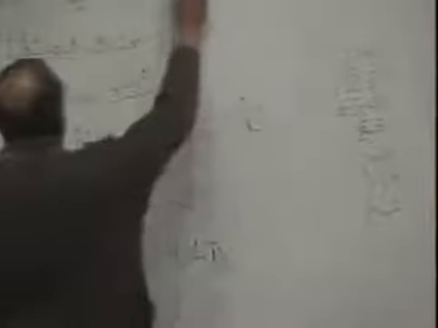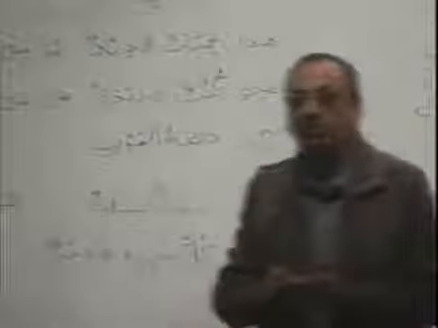Okay, brothers and sisters? So my point to you is this: you will always remember this thing. Kullu jama'in mu'annasun. I will be repeating it from now onwards. Okay, analyze this sentence. Brother Abdul Samad, analyze it.